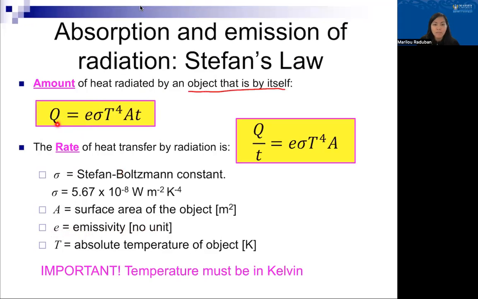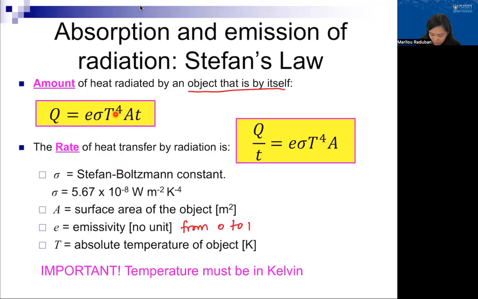But of course, emissivity is just from 0 to 1. The maximum you can have is 1. And if emissivity is equal to 1, that means you have the maximum amount of heat loss by radiation as a factor of the color, or emissivity.